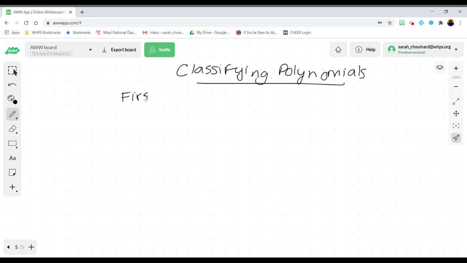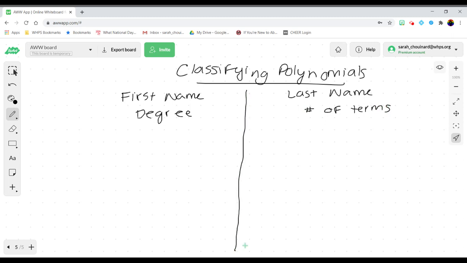So the first name of a polynomial is its degree. The last name of a polynomial is its number of terms. So we need a couple vocab terms to help us do this. So if it's degree 0, if there's no exponent at all, the name is constant.